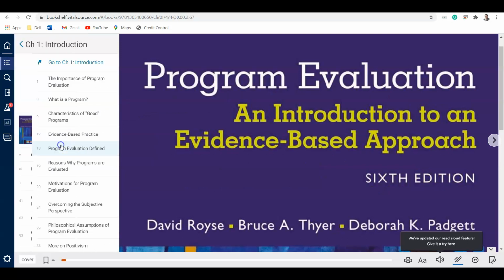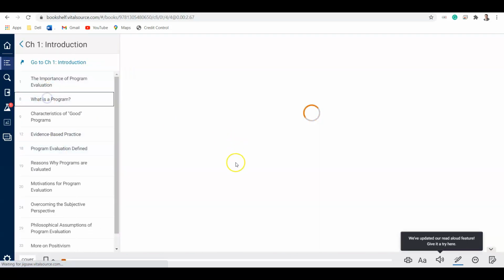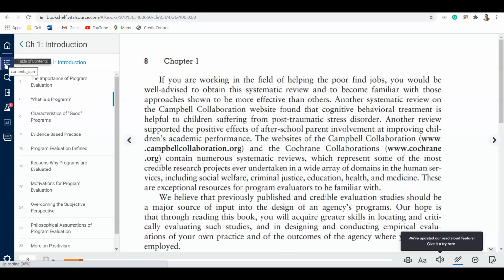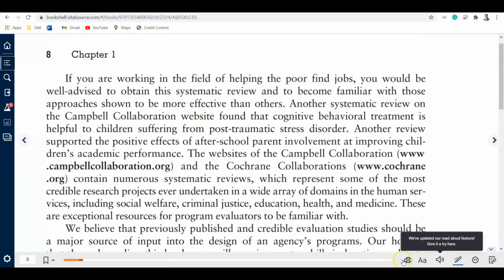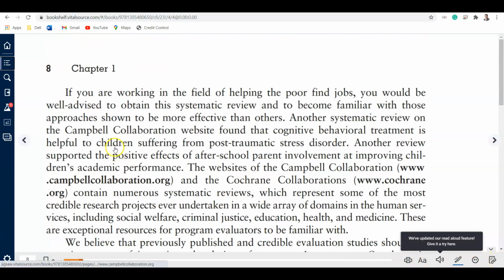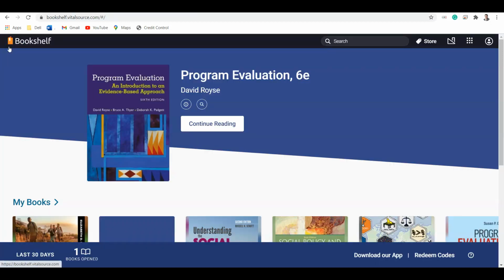You can go to the first chapter, and there are a lot of different bells and whistles you can use. It may not be exactly the same because mine is as an instructor, but you can definitely use it.